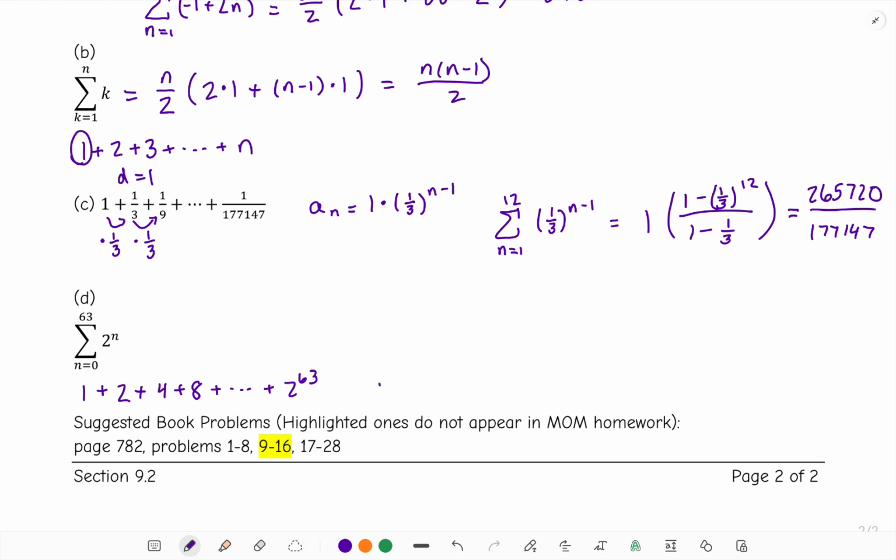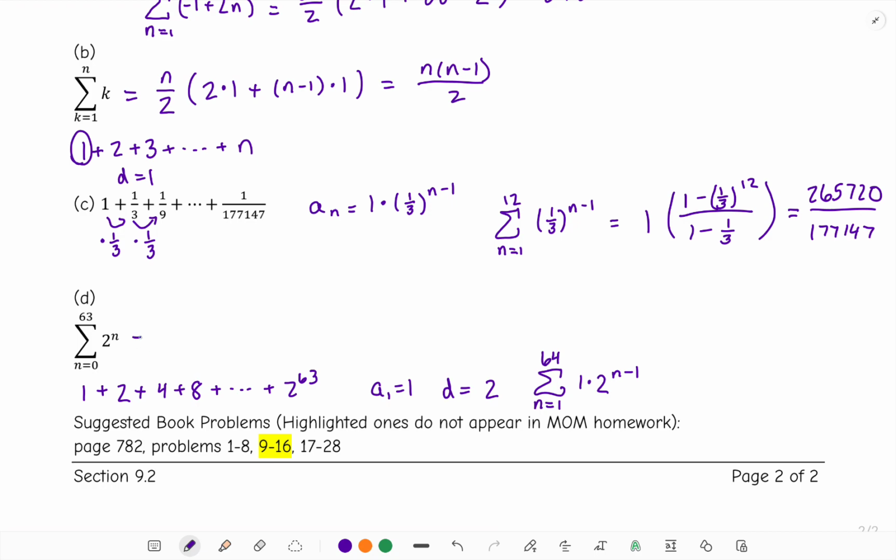Because if we start out with the list, a1 is equal to 1, r is equal to 2, so then our sum is n equals 1 of a1 times 2 to the n minus 1. And n minus 1 equals 63 when n is 64. So this is called reindexing.